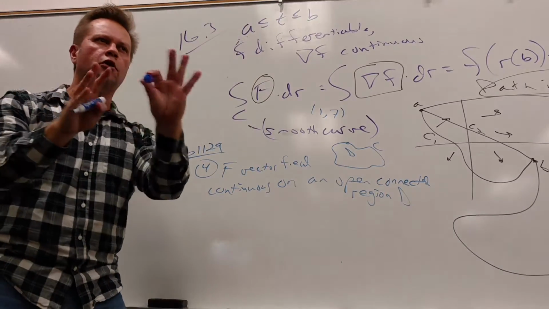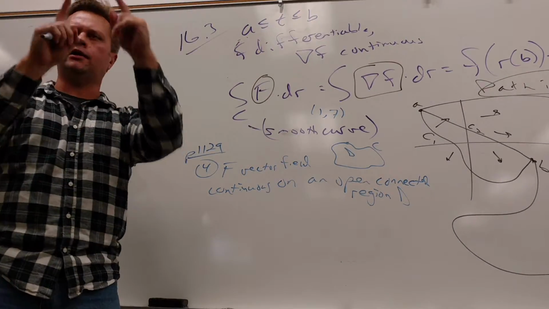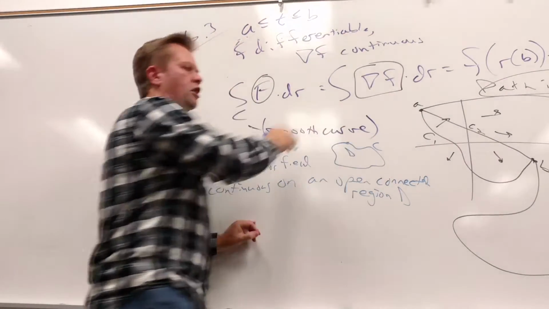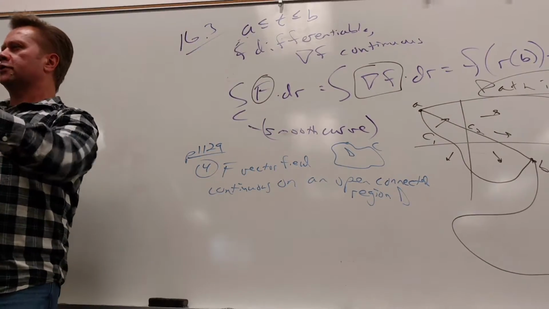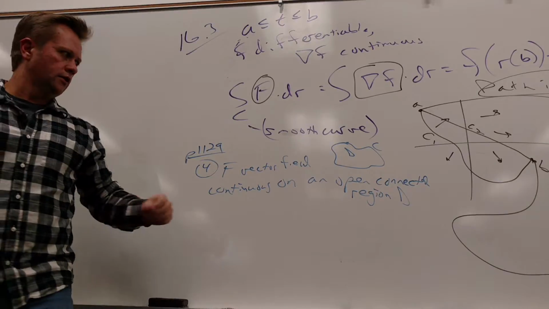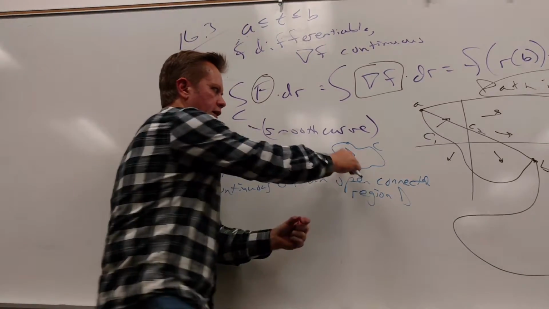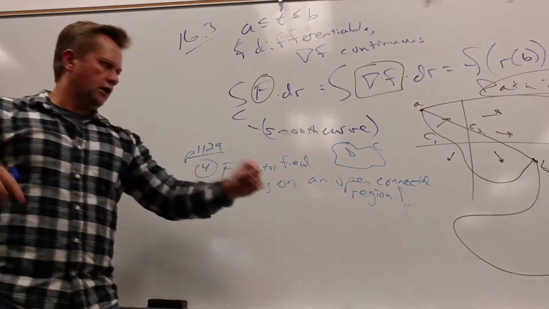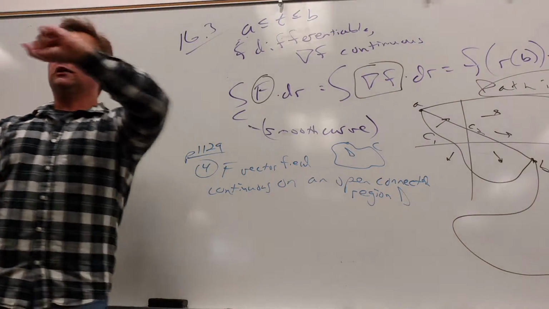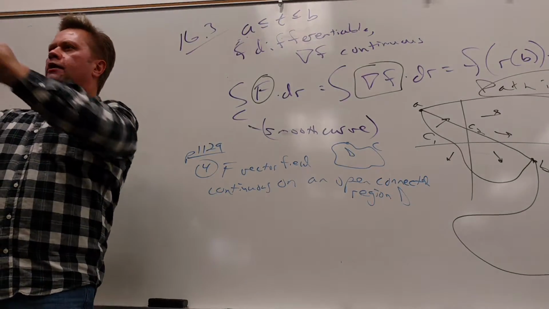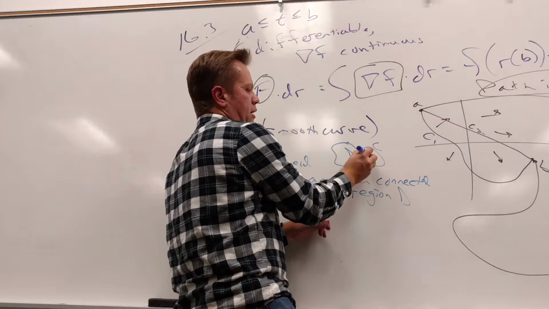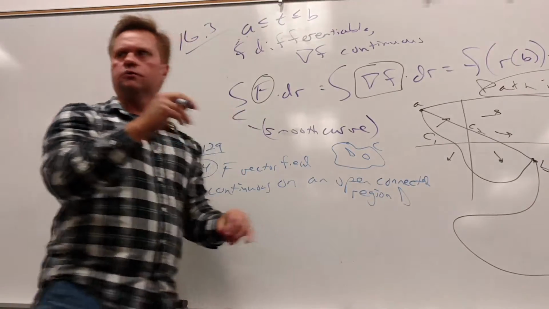All right, so these little words pop up in these theorems that you want to kind of double check and make sure you understand what they mean. Because if it wasn't open, there are things that could happen that would make the results untrue. So it's got to be open. So D is contained, but it doesn't include C. It's got to be connected, which means that I can connect any two points and stay within D. So there can't be any holes in this poor little dude.